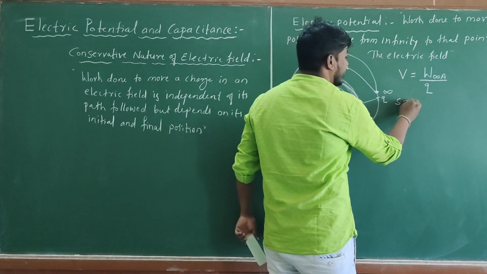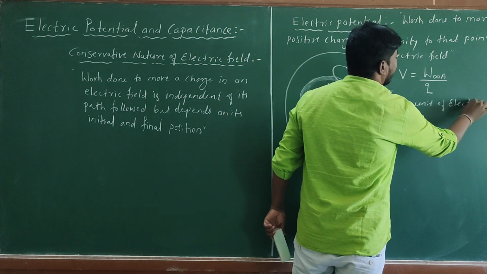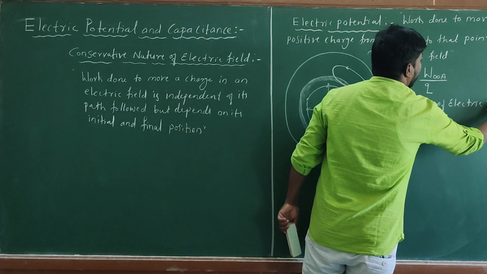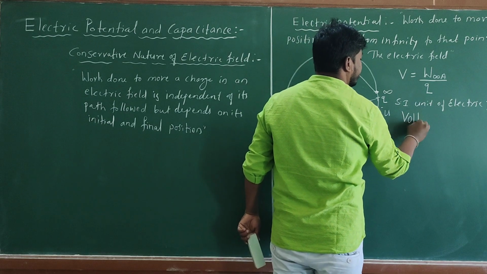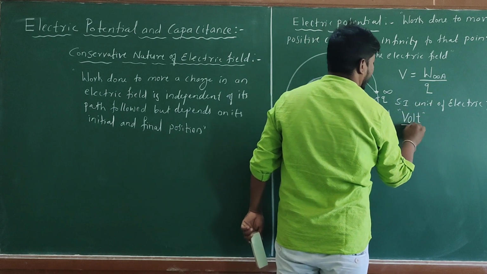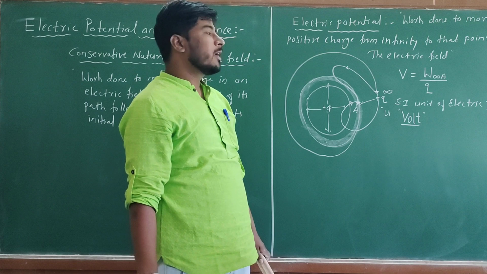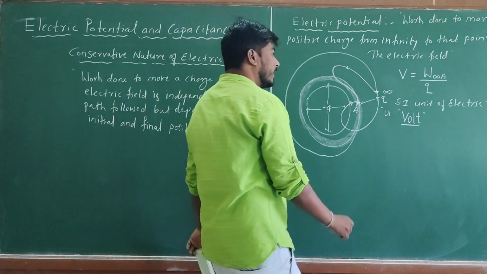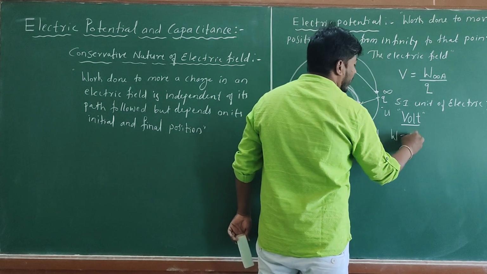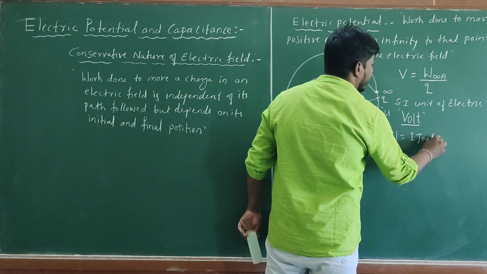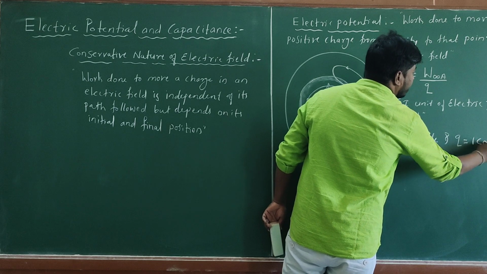Now the SI unit of electric potential is volt. We can say that the electric potential is 1 volt if W is equal to 1 joule and Q is equal to 1 coulomb.